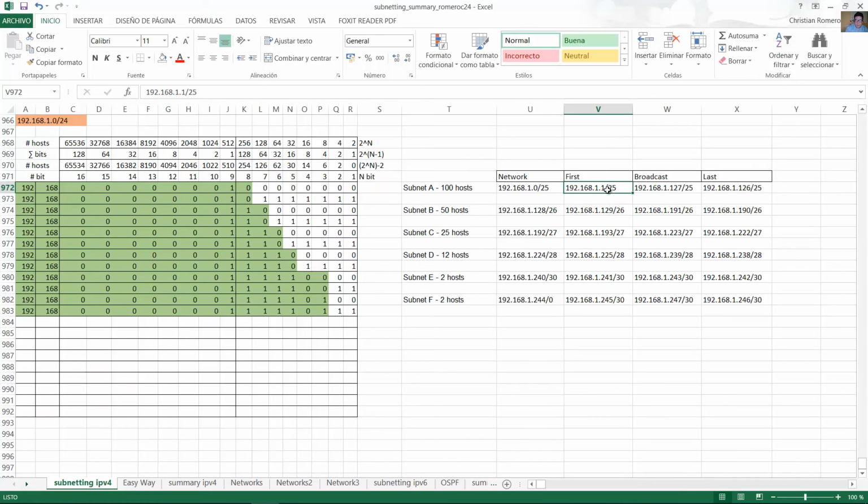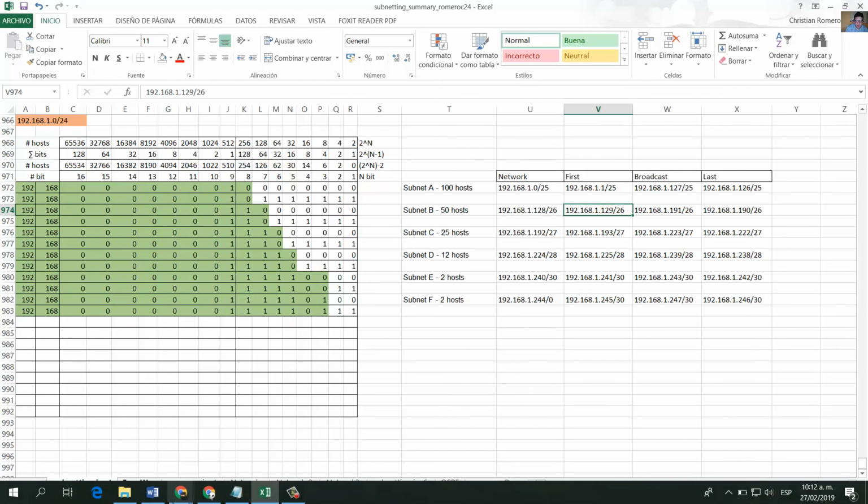Okay, remember that the first IP on subnet A is in use for gigabit 0/0 on R1 and the first IP, 129, in subnet B is in use by gigabit 0/1 on R1.